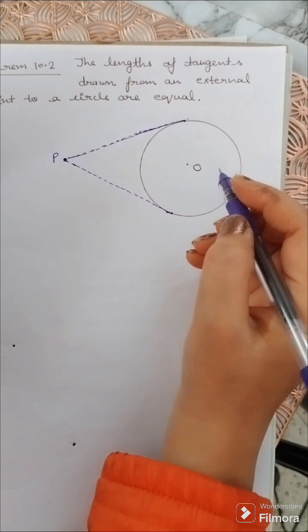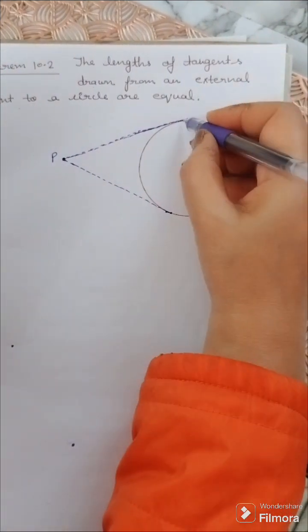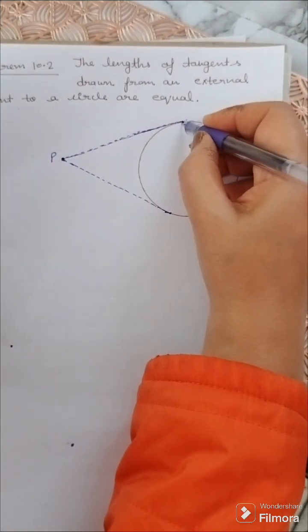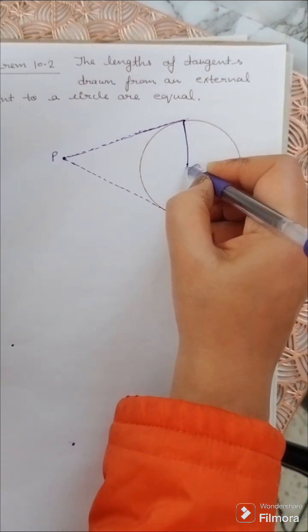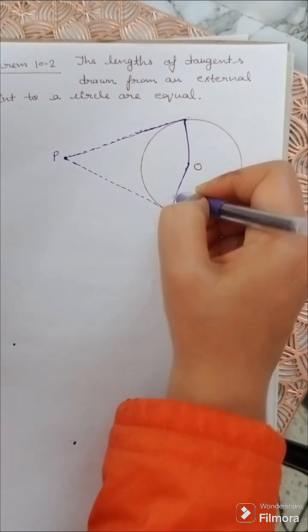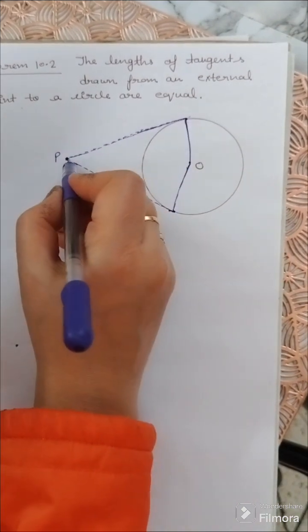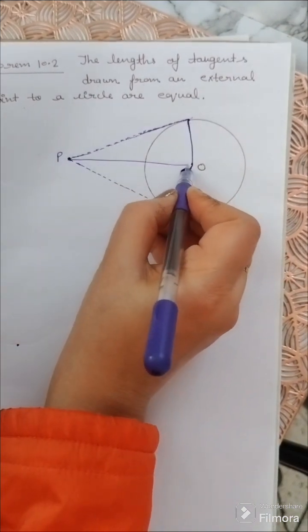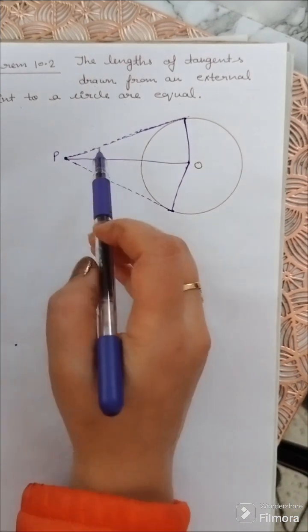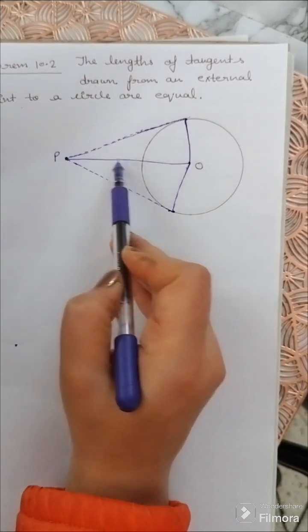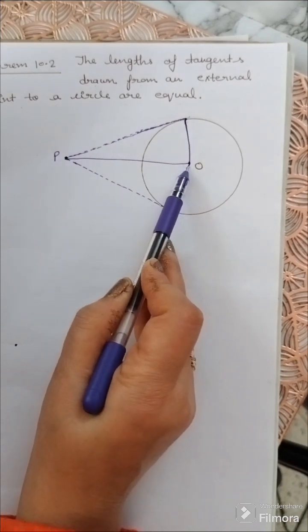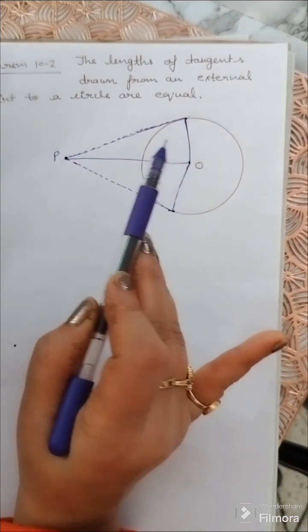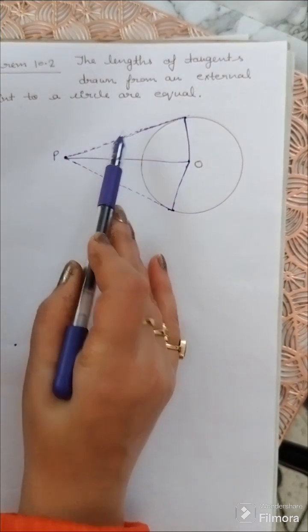First is congruency. How? What we'll do is we will join these lines, which are actually the radius of the circle, and this also. If we can prove that these triangles are congruent, then by CPCT we can easily prove that this is equal to this.